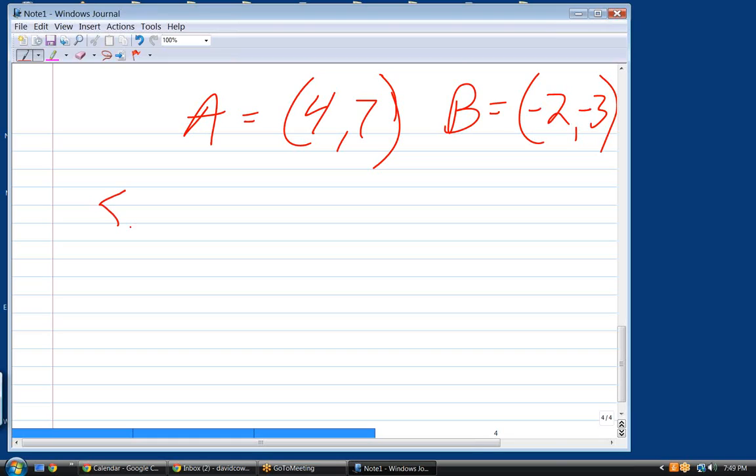That would be x minus 4, y minus 7. That's OP minus OA. That has to be equal to what? A scalar multiple represented as t times which vector?